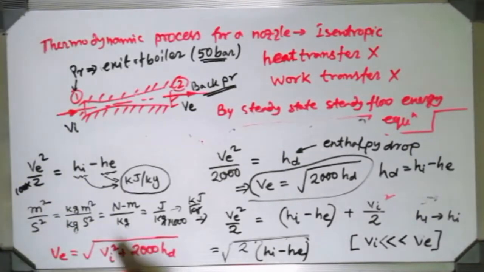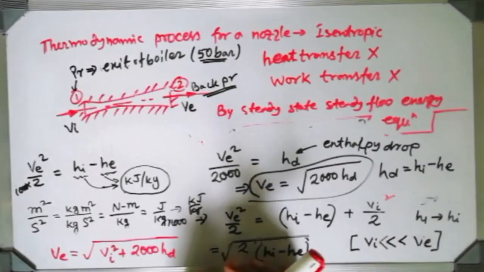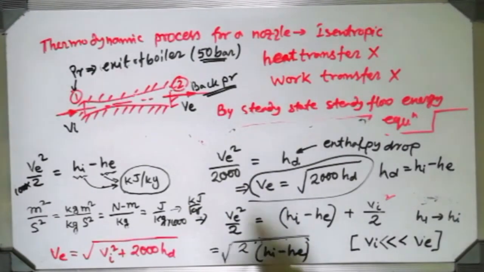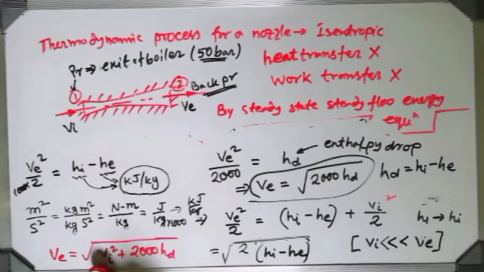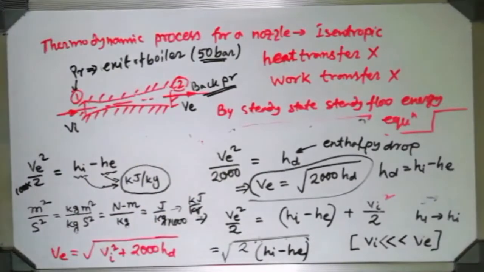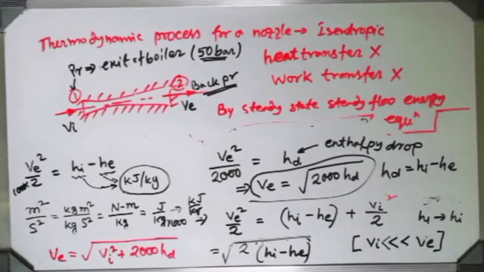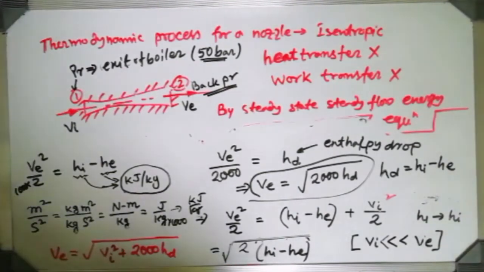So a 2 marks numerical can be there, that enthalpy at the inlet and outlet of the nozzle is given to you, as well as the incoming velocity of the nozzle, and it is asked what is the exit velocity of the nozzle. So this relation will be used to find the exit velocity of the nozzle. Understood?